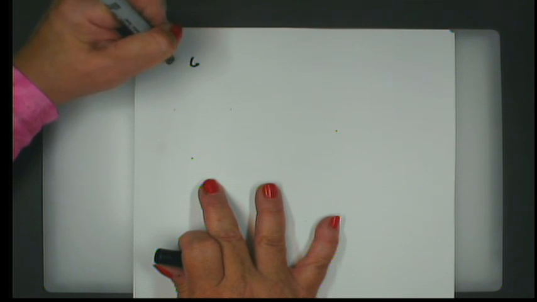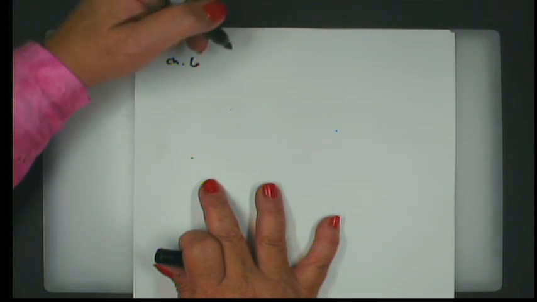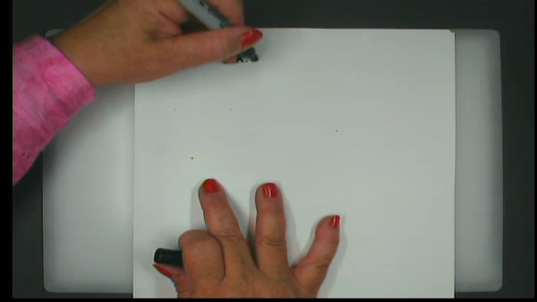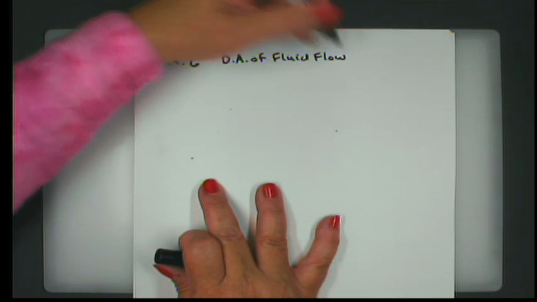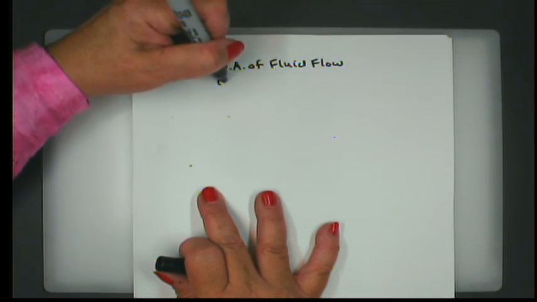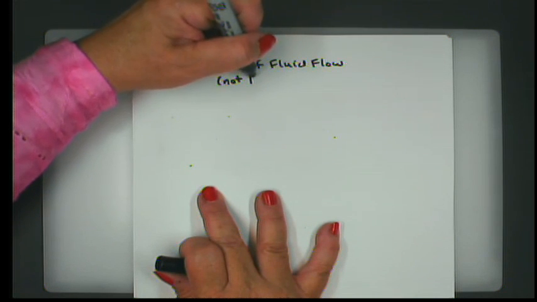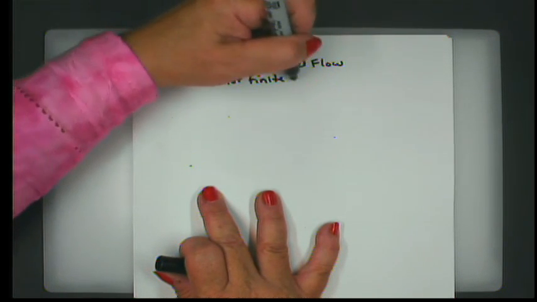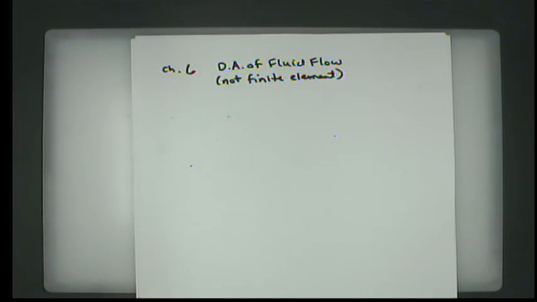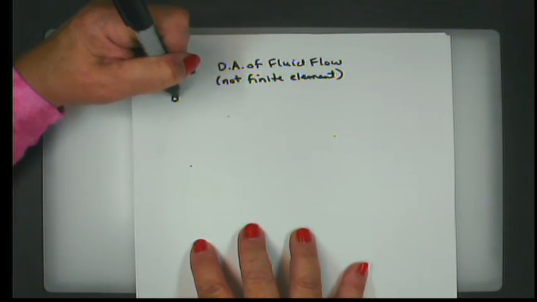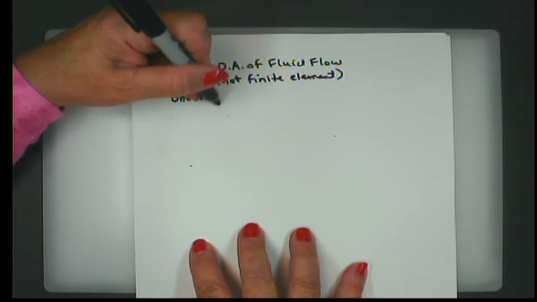All right. So chapter 6 in general deals with the idea of differential analysis of fluid flow. And this is compared to the finite element analysis that we talked about in chapter 5. When we talk about the differential analysis of fluid flow, we are talking about one single point.